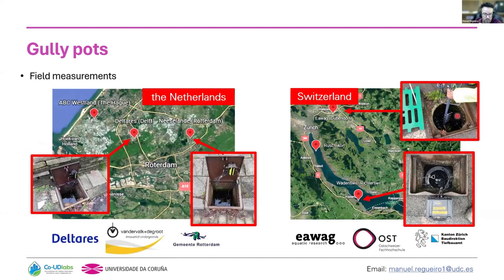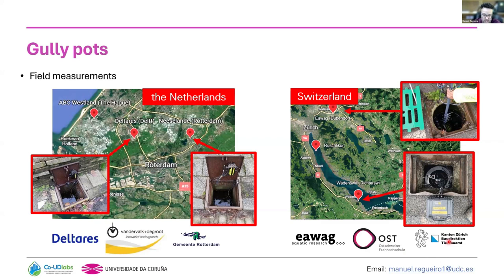We test this as well in the field, not only in the Netherlands, but also in Switzerland, in collaboration in the Netherlands with local authorities and also companies, and in Switzerland with another university and the canton of Zurich.